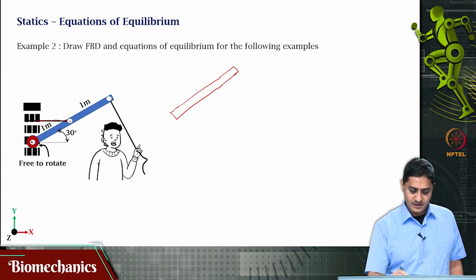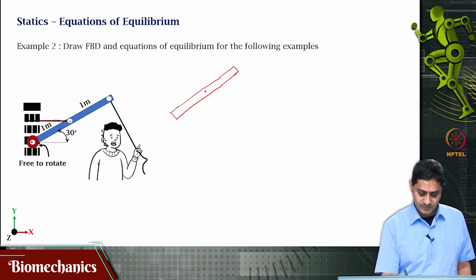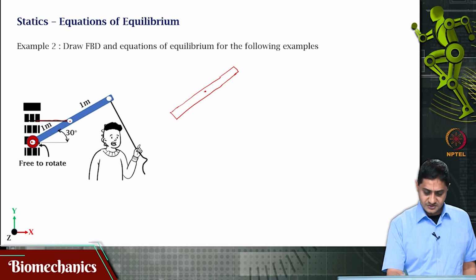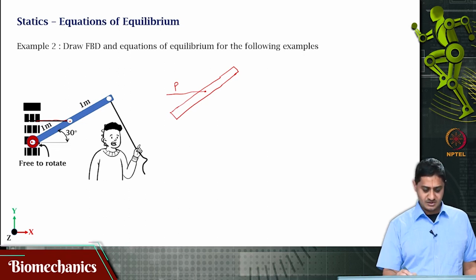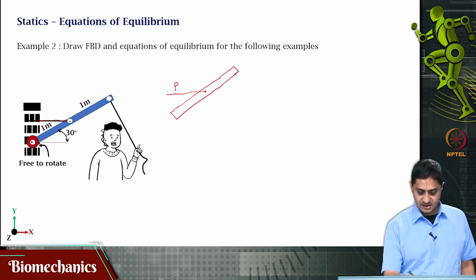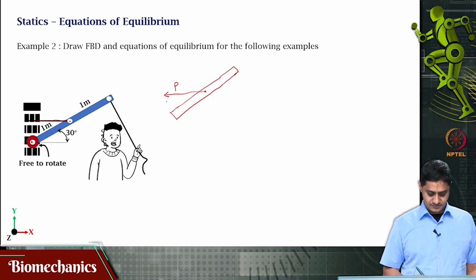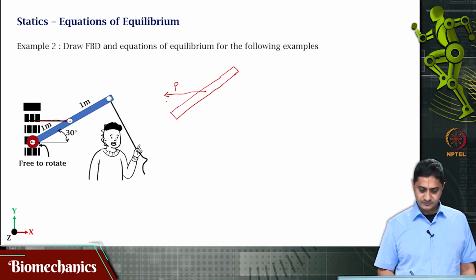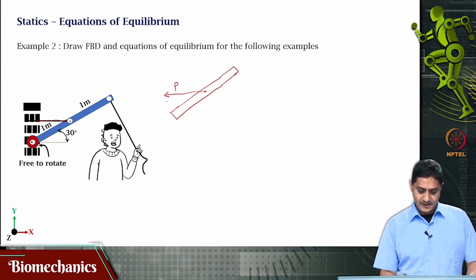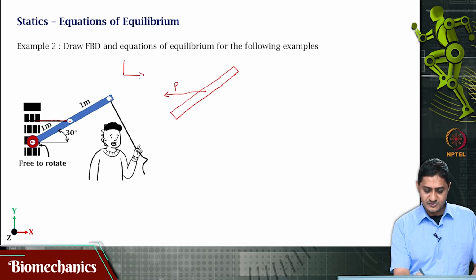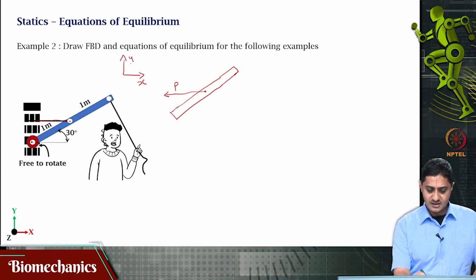Now, let us assume that a force P is being applied by the wall on this beam through this cable, and that force is acting in this direction. Okay. And I am assuming this xy direction.